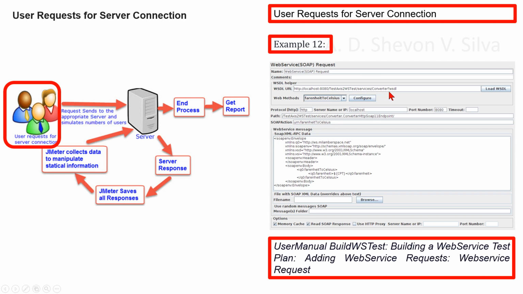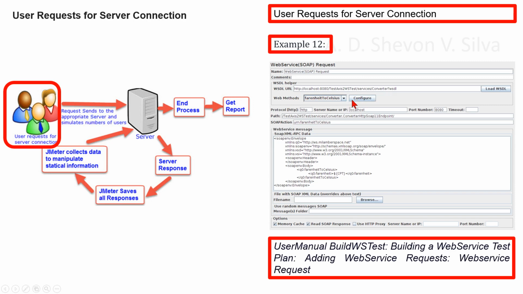For example, if you are testing an IIS web service, the URL would look like this: http://localhost/mice web service/service.asmx?WSDL. Next, select the web method and click configure.